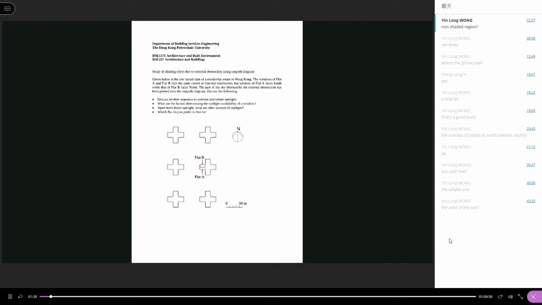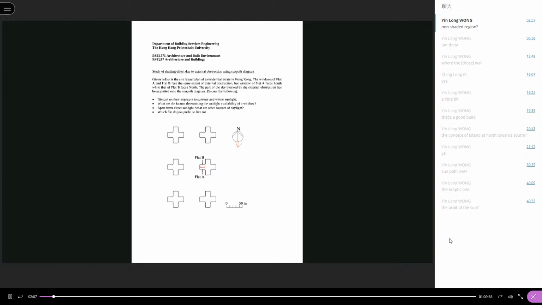The only difference between flat A and flat B is that flat A faces south and flat B faces north. The part of the sky blocked by the external obstruction has been plotted onto the sun path diagram. Discuss the following. So this is the difficult part.